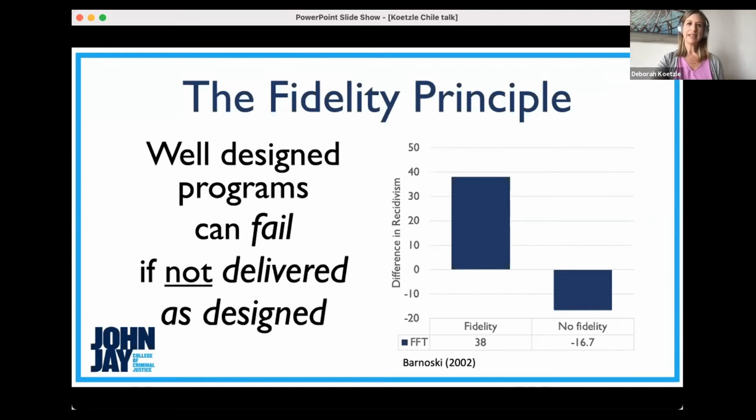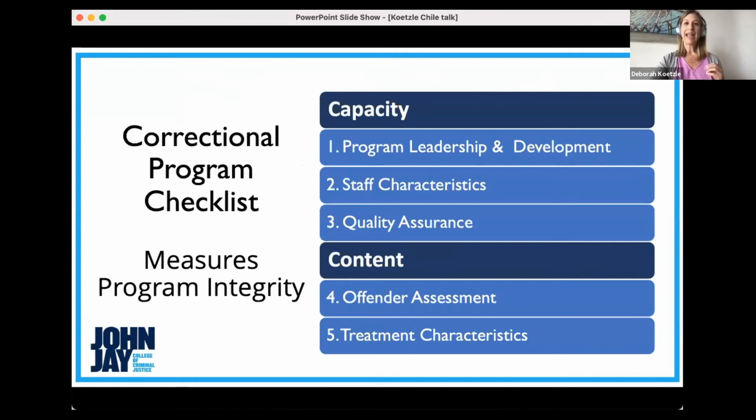What this means then is we want to make sure that we're designing programs well and that they're being delivered well. And so we want to have checks in place, right? We want to have ways to monitor the quality of our programs. And programs can and should be doing this internally through quality assurance types of activities.